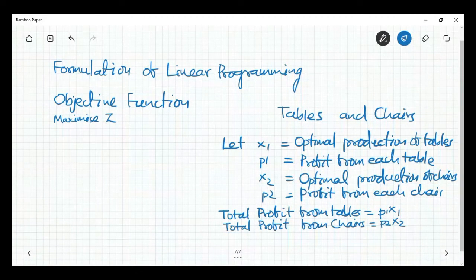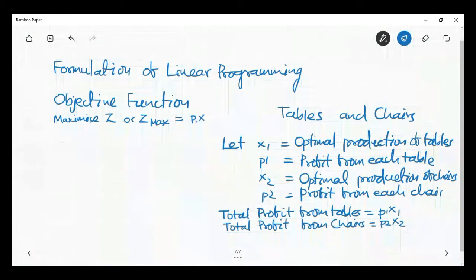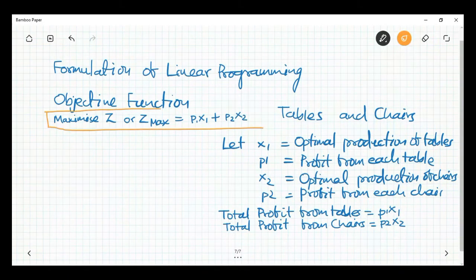Maximize Z, or I can write Z max equal to P1 x1 plus P2 x2. This is the objective function. I have taken the example of a maximize one.